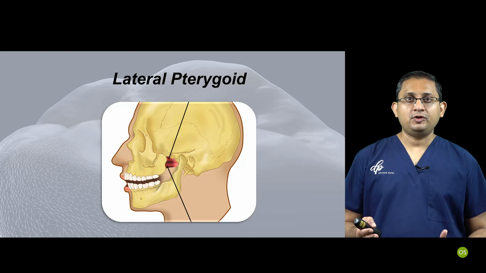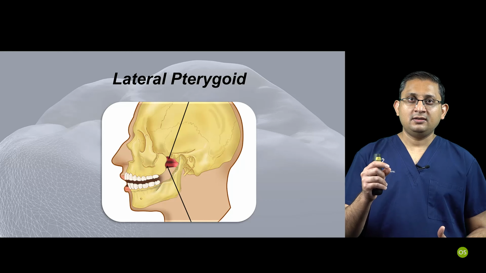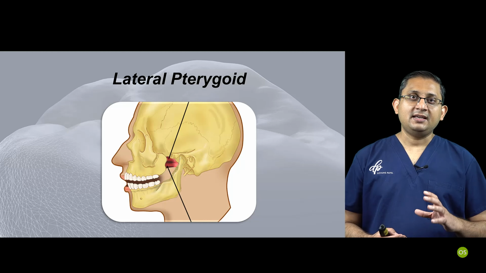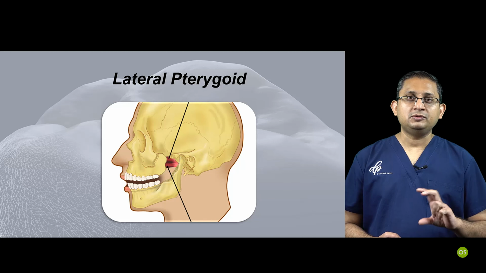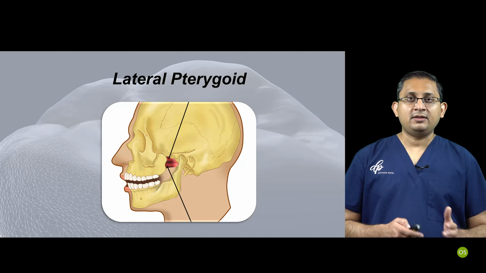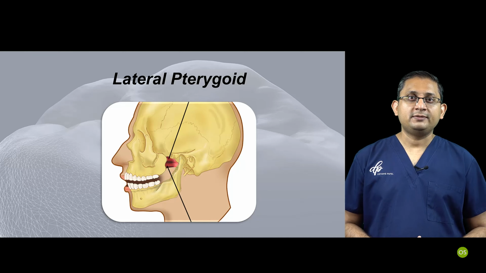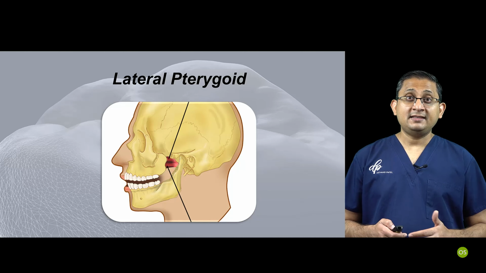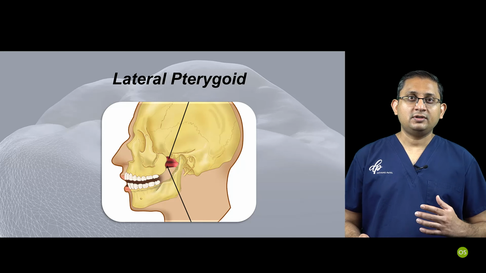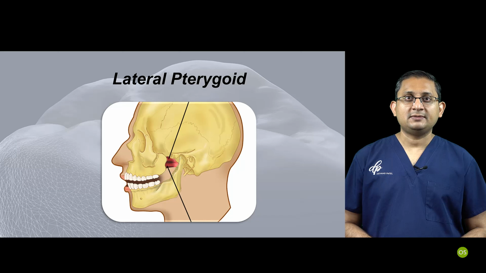Although around 30 to 40% of the muscle is attached only to the capsule, most of the muscle, 60 to 70%, is attached to the condyle. It still helps make sure that the capsule moves in harmony with the condyle and does not fall back when the condyle is moving forward. However, if there is a disharmony in that muscle, then that can cause issues with the capsule as well.